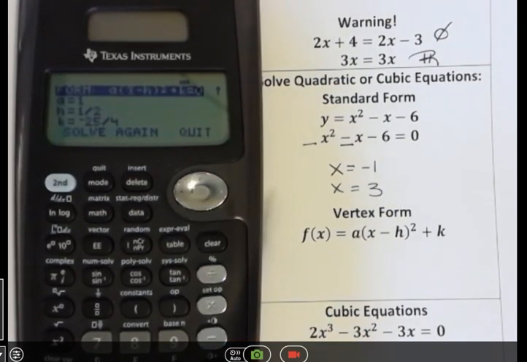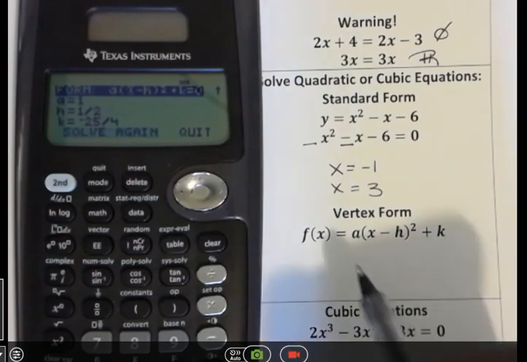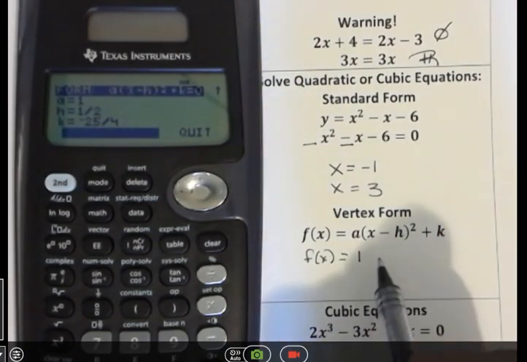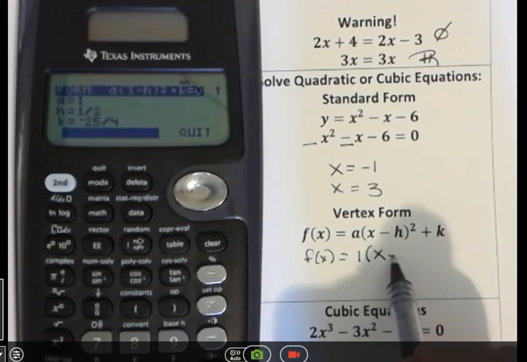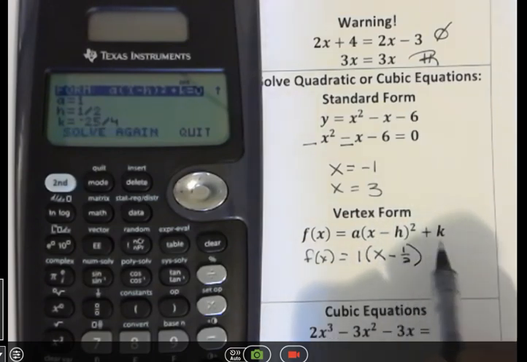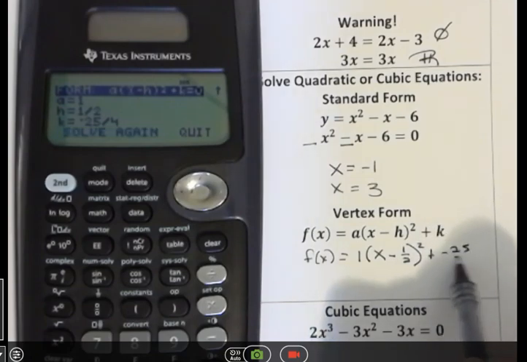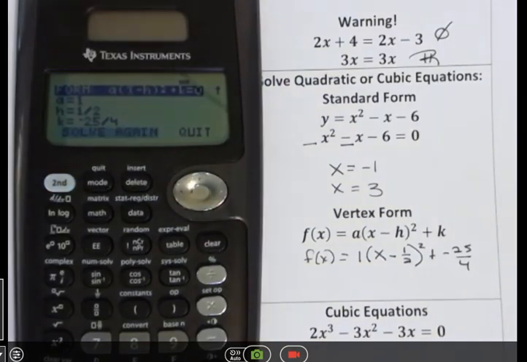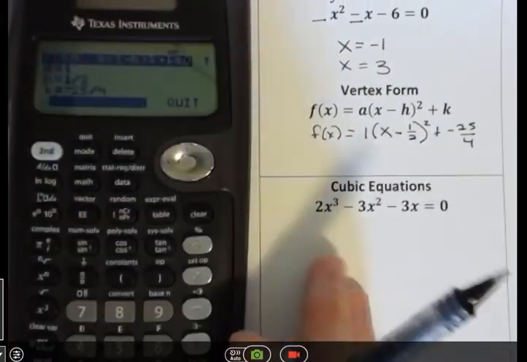I hit yes, and now it tells me that A is 1, h is 1/2, and k is -25/4. Now I could clean that up if I wanted, but it gives you those values directly.